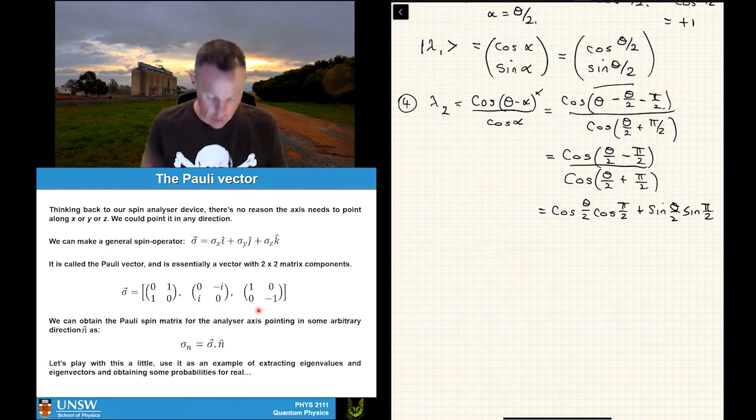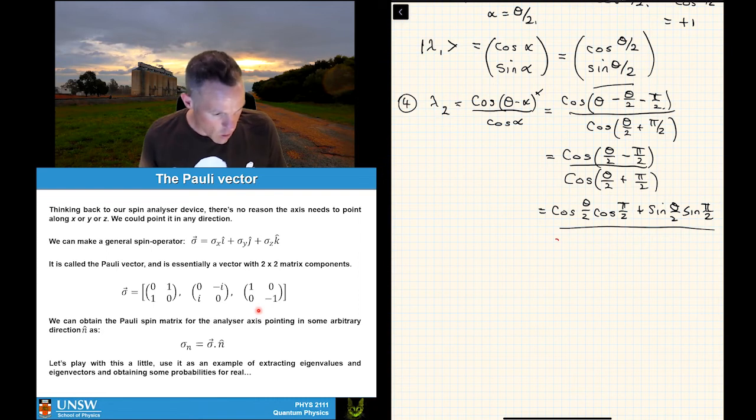The minus sign gives you the plus sign on cos, oops, it's interesting, spontaneously changed color. Cos theta on 2 cos pi on 2 minus sine theta on 2 sine pi on 2, just there, okay?